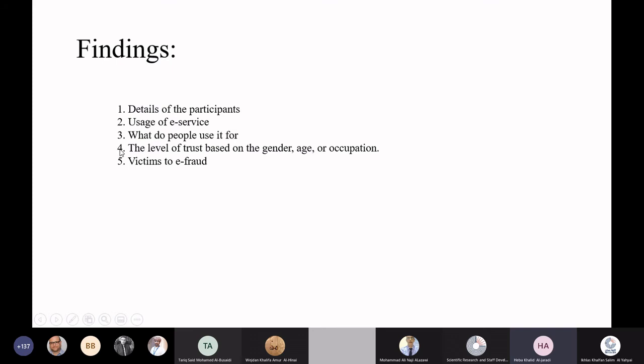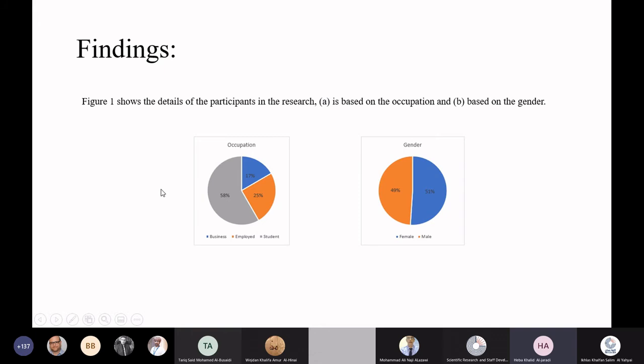Number 4 is the level of trust, finally, based on gender, age, or occupation. And then we asked them if they were victims of e-fraud. So the first thing is, these are our participants.